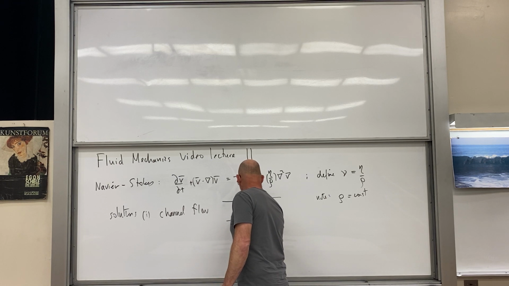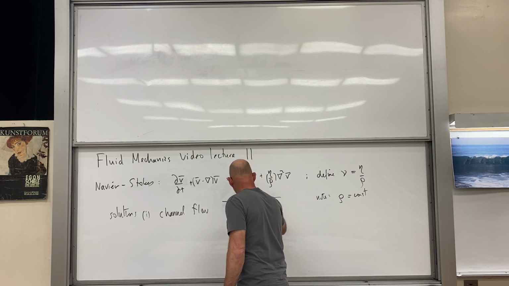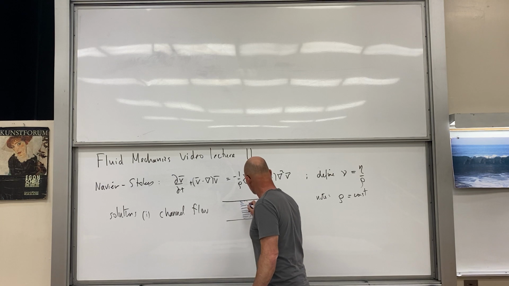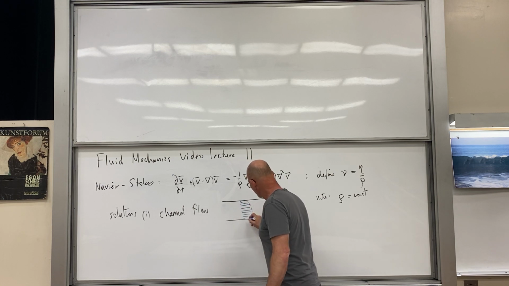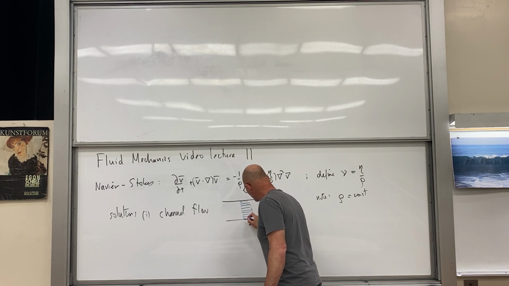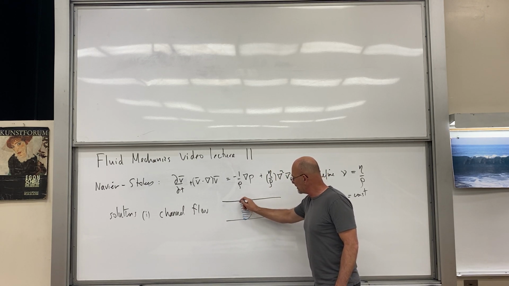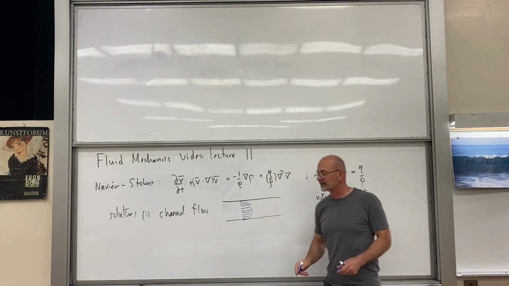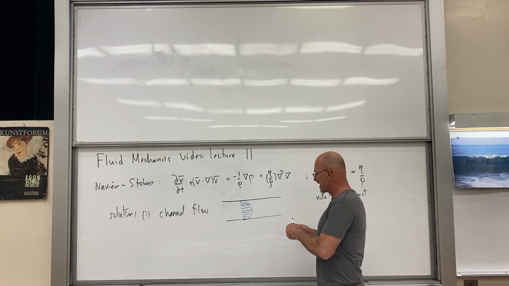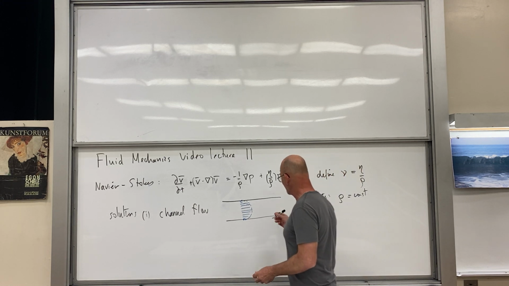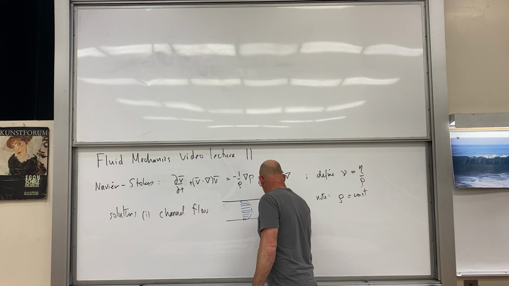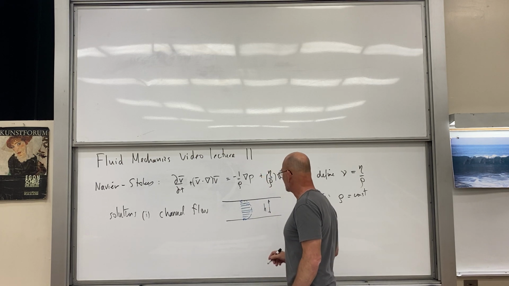So the flow speed is greatest in the middle, parabolic down to 0. And of course the velocity vanishes at the fixed surface. So we have the channel flow, and that was an exact solution, so that's a very important one.